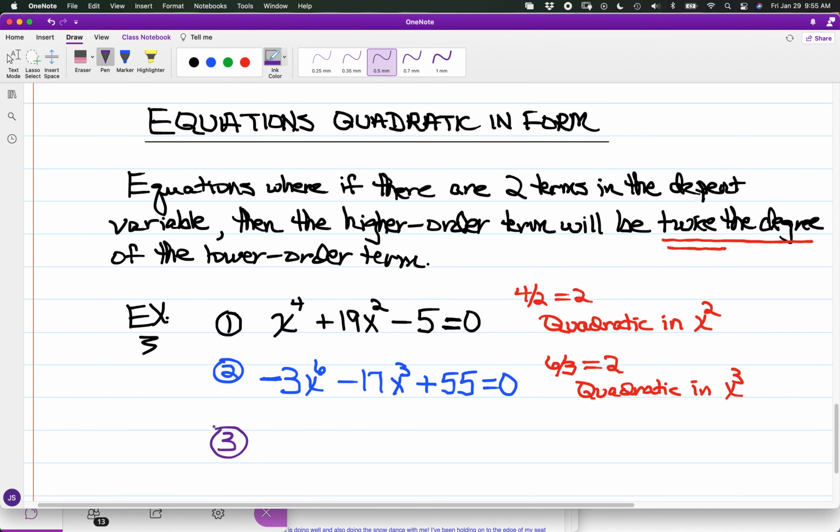And as another case, if I have something like 5x minus 2 times the square root of x plus 7 is equal to 0.